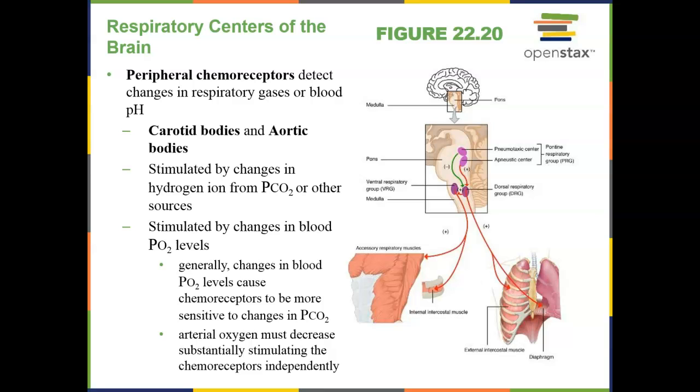But the change in the partial pressure of oxygen typically just makes the chemoreceptors for carbon dioxide become more sensitive. And so the increase in carbon dioxide causes, again, our medullary region to stimulate faster breathing so we can blow off that carbon dioxide.